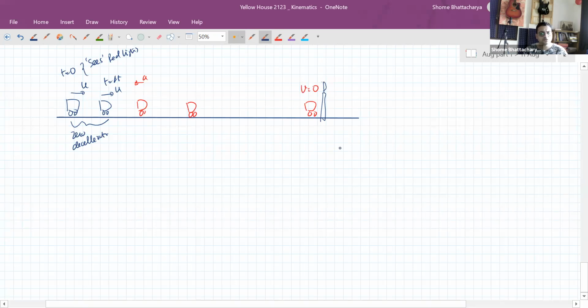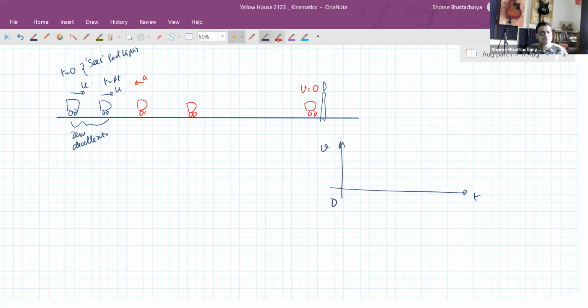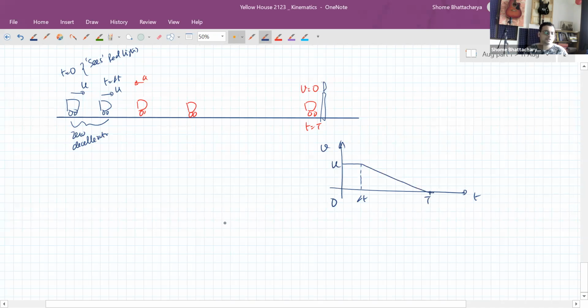So again, if you think of your velocity time graph, it will look like this. If he stops at some time capital T, for reaction time amount of time he is going at constant velocity, and then he starts decelerating till his velocity becomes 0 at this time.